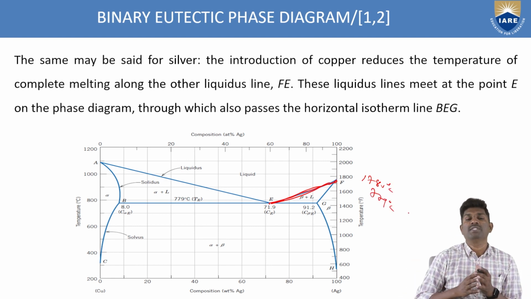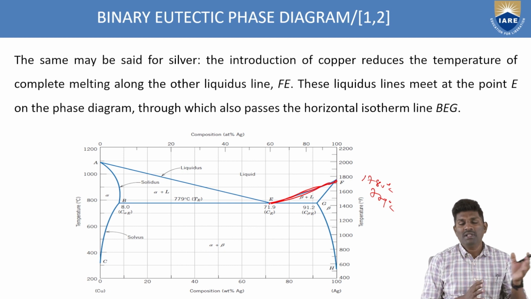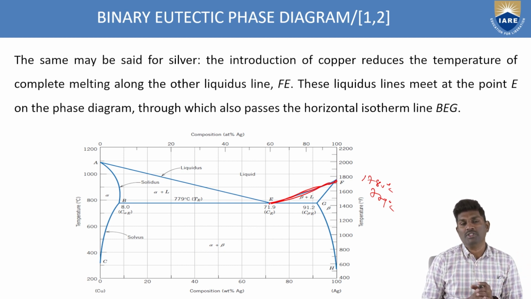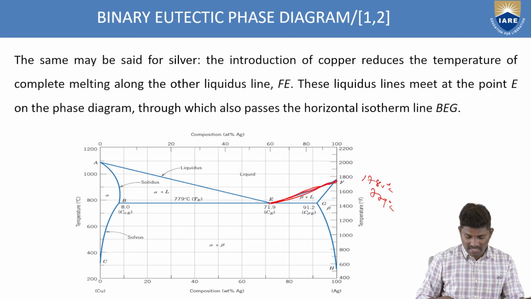Addition of copper will reduce the melting temperature of silver, and similarly addition of silver will reduce the melting temperature of copper. This is how you get information about the melting temperatures with the help of these phase diagrams.